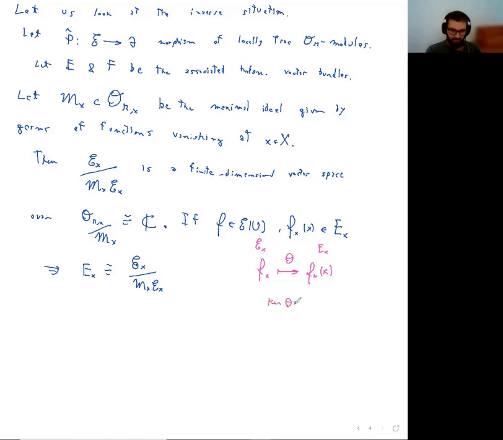And the kernel of theta is, well, precisely m_x times E_x. Maybe this equality is not clear. No, I think now it's clear. Okay. You just need the i-th component to be 0, so every component must be divisible by something which is 0. So this is why we have this m_x.